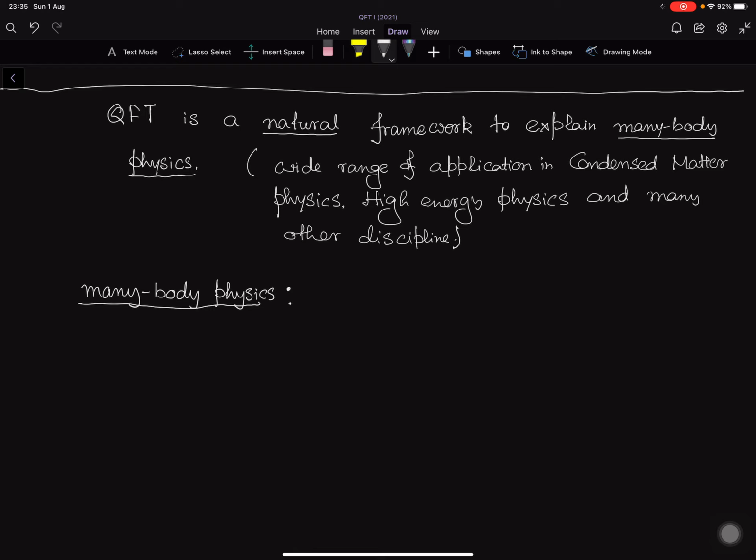This essentially means that it's a collection of multiple quantum systems.